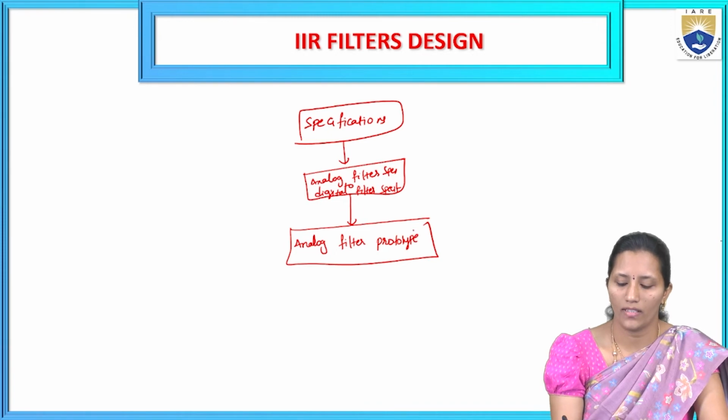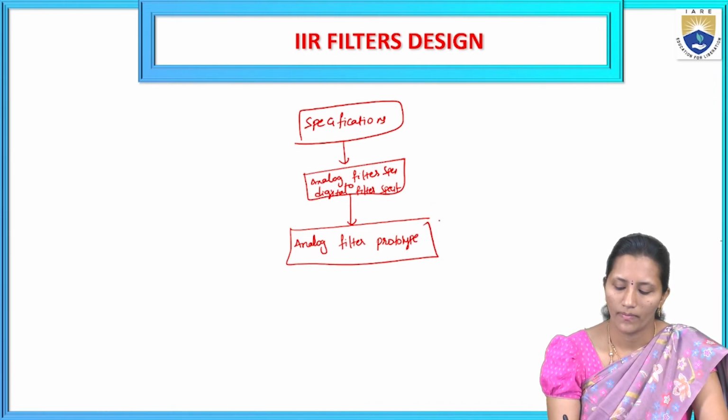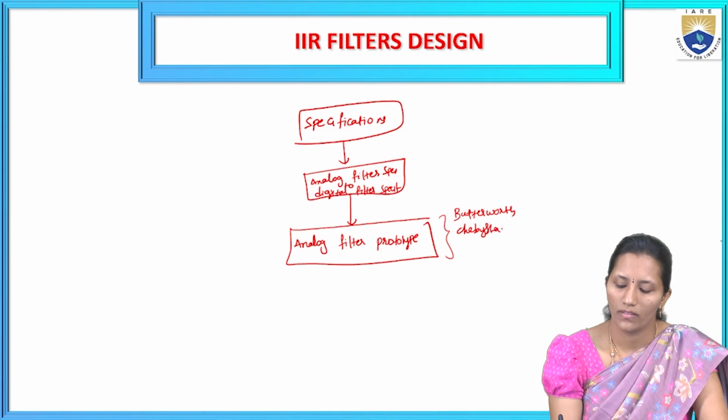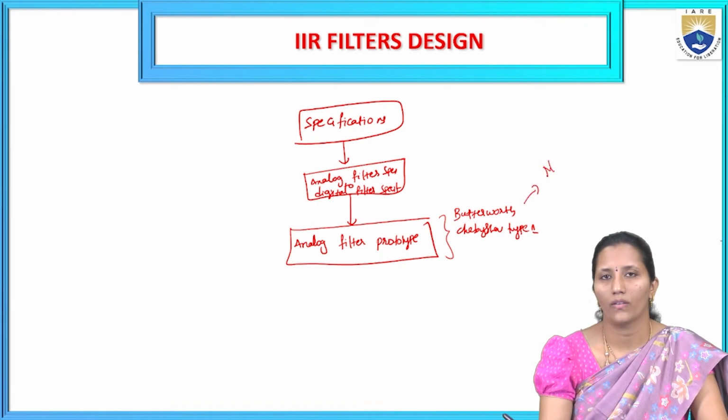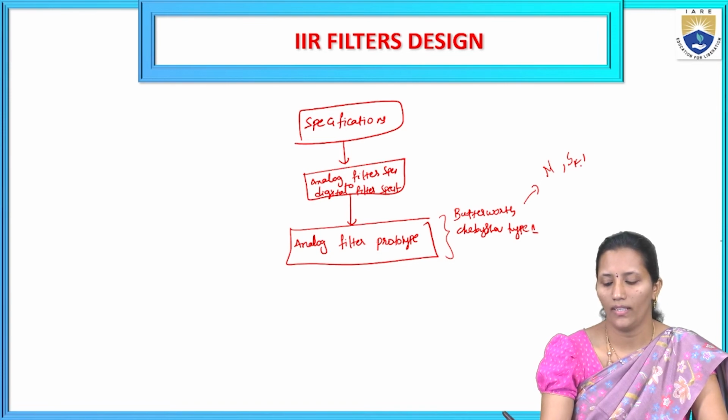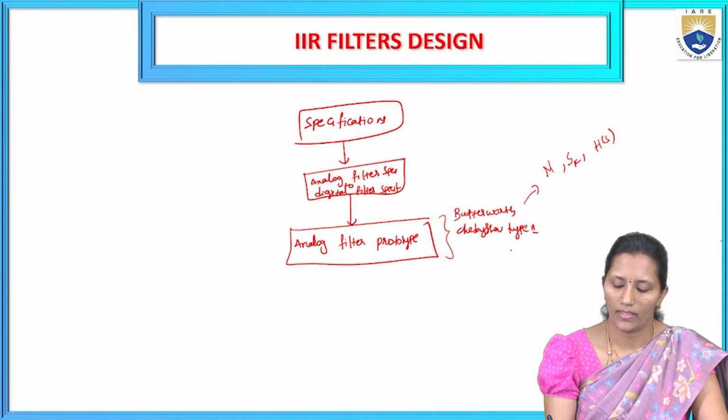From the specifications, it may be Butterworth or Chebyshev type 1. We will discuss how, from the specification, to find out the order of the filter, how to find out the poles of the filter, and finally how to design the transfer function of these filters.